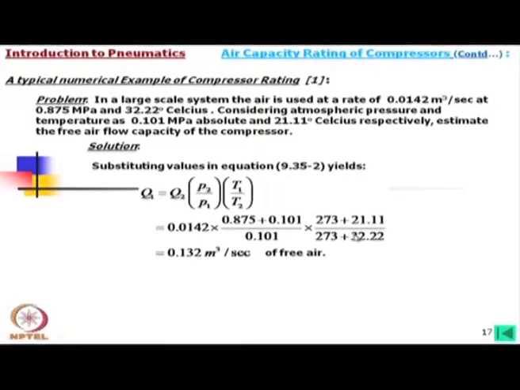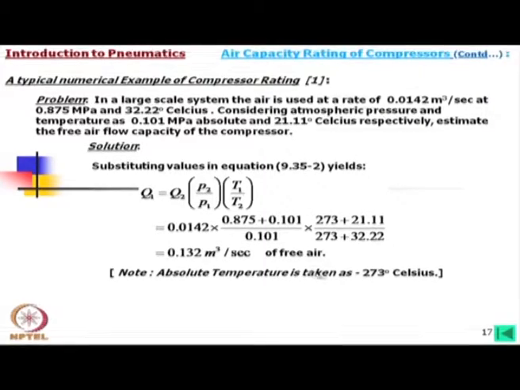T1 and T2, temperature rise is from 21.11 to 32.22, and we find that 0.132 meter cube per second of free air we need to compress.